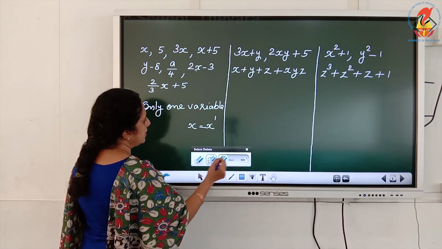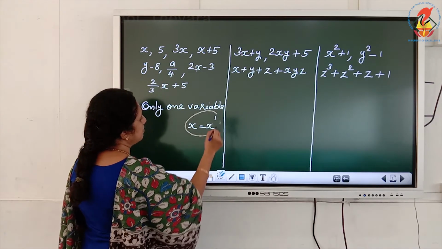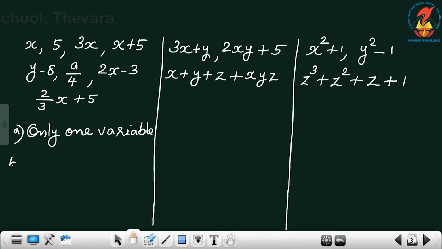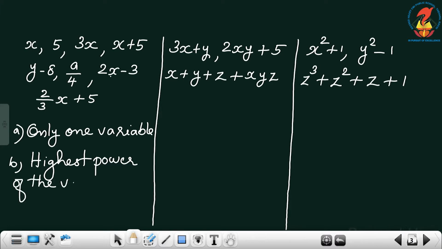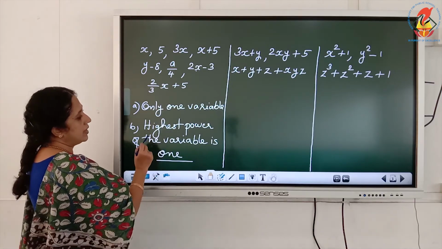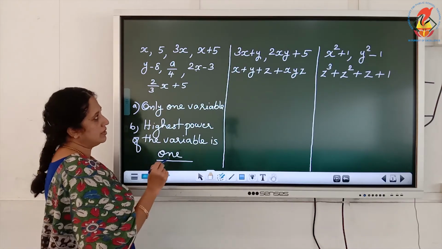So the highest power of the variable is 1. There is only one variable and the highest power of the variable is 1.